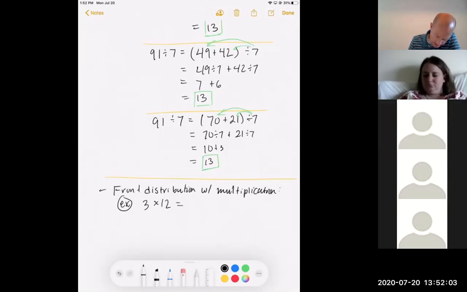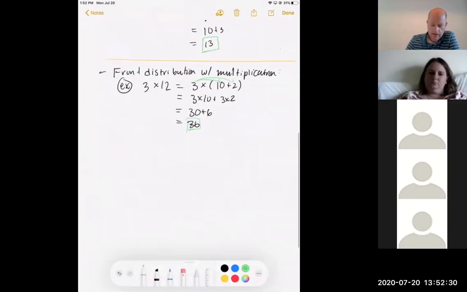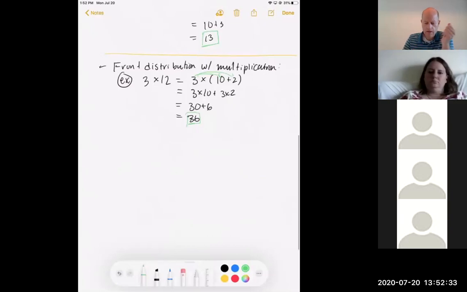We can say that that's the same as 3 times, I broke the 12 up into 10 plus 2. When I distribute my 3 to the 10 and 3 to the 2, I get 3 times 10 plus 3 times 2 equals 30 plus 6 equals 36. That's the example of front distribution, where you're taking the number and distributing it in the front to the numbers in the sum in the back.